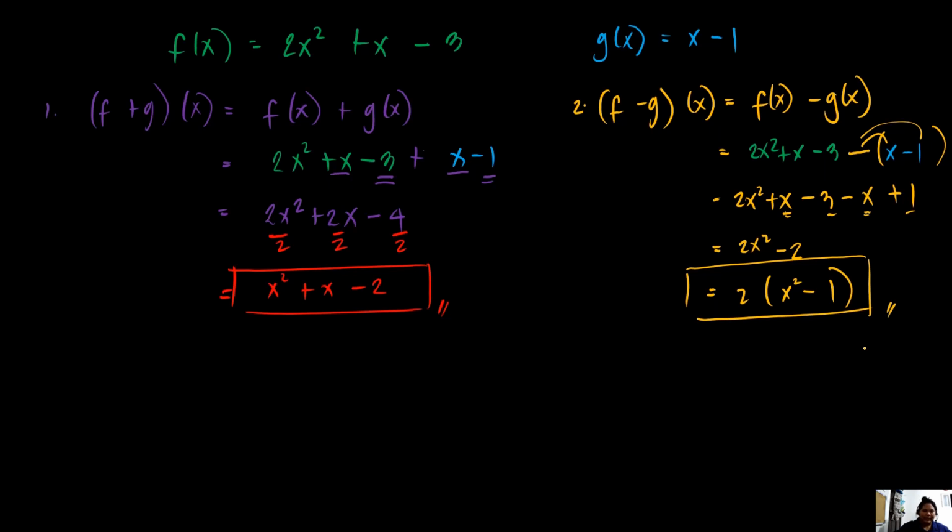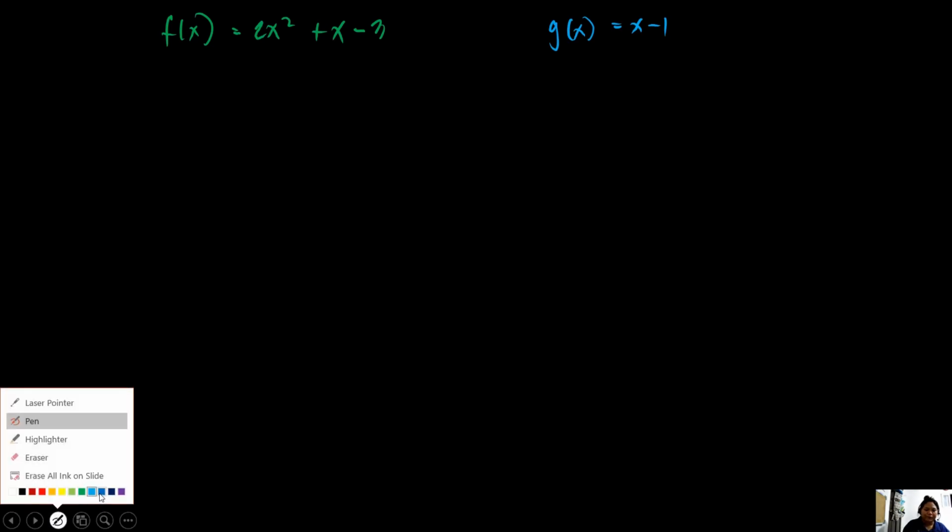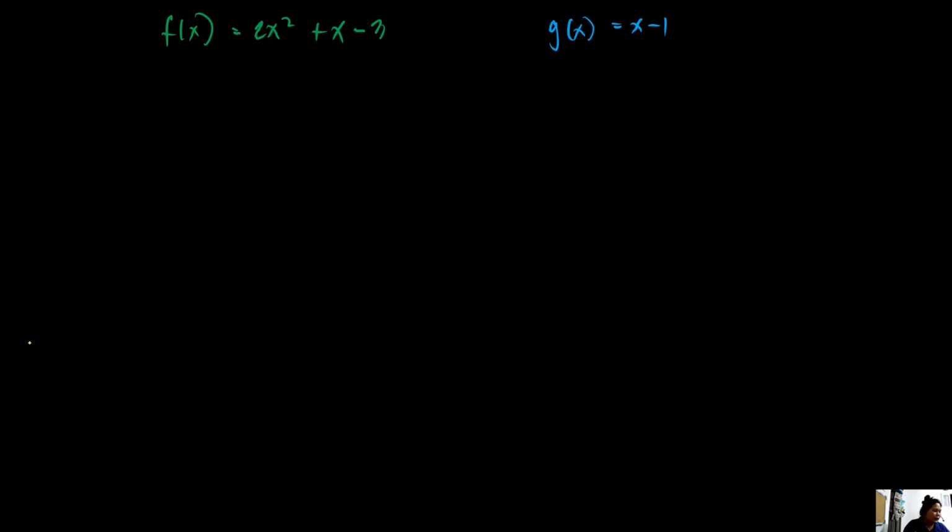Okay, so let's have multiplication. Let me write again our given. We have f of x equal to 2x squared plus x minus 3, and our g of x, we have x minus 1. Let's have multiplication.